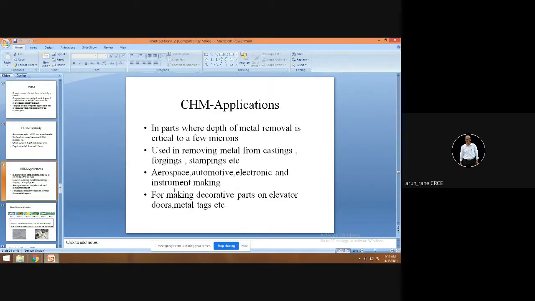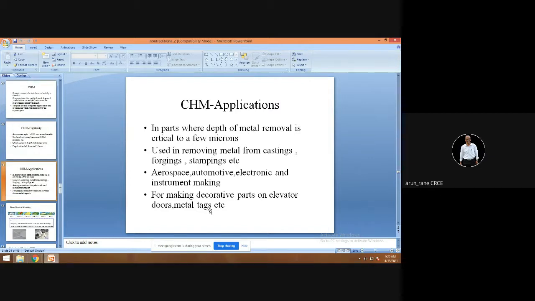So these are the applications. Here chemical machining is used where metal removal is very small, that is in a few microns.